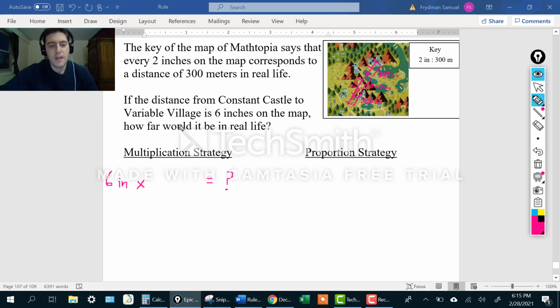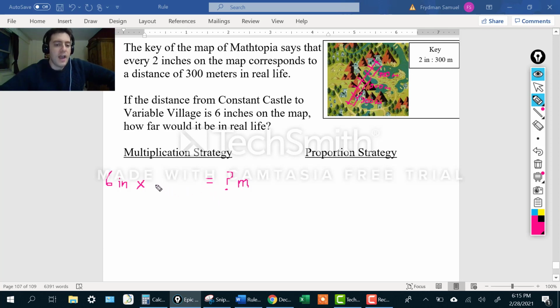So if the question is asking me how far apart they are in real life, well, in my real life distances are measured in meters, so I'm going to put an M over here to indicate that I want my final answer to be in meters, not in inches.